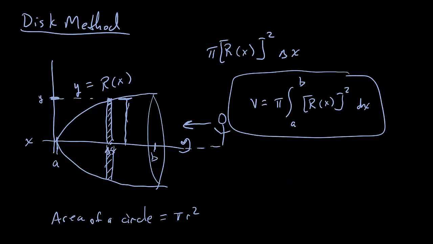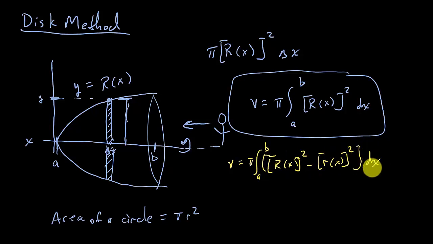It's going to make a difference when you're working the problems, and make it easier for you to understand. So we had the volume is equal to pi from a to b of big R of x squared minus little r of x squared times dx. All right. So if you wanted to, you could look at all of these problems as washer method.